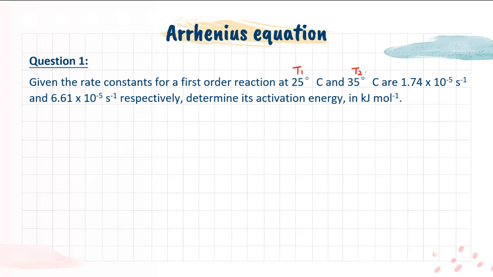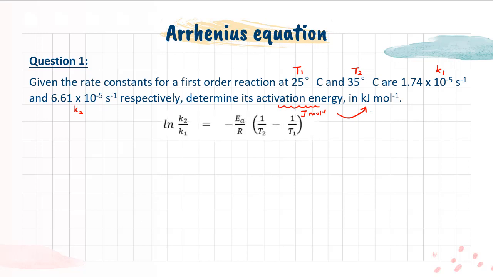The first rate constant refers to the reaction at 25 degrees Celsius, so we label this one as K1 and the second one as K2. Determine its activation energy in kilojoule per mole. Remember that using the formula, you will first get the activation energy in joule per mole, and after that you need to convert into kilojoule per mole.